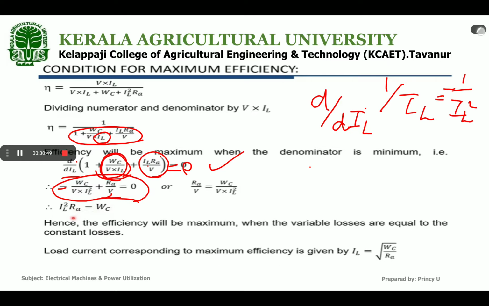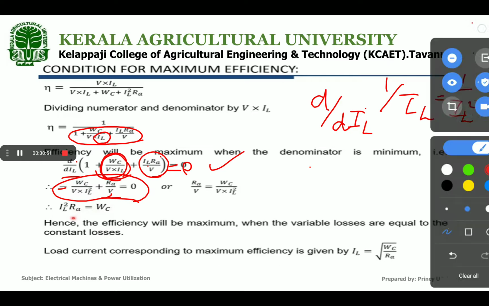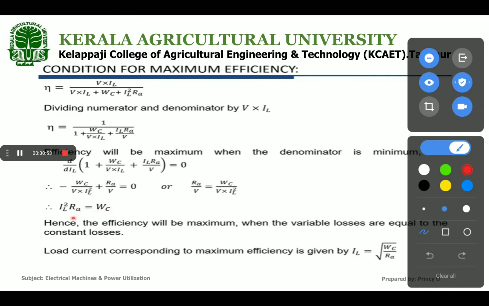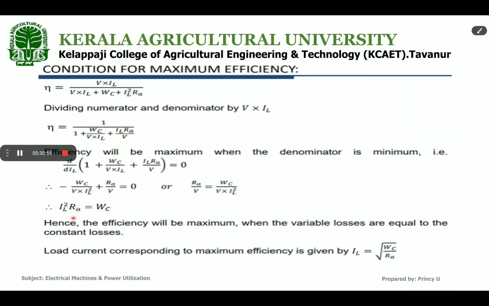Now take this term to the right side. So RA by V is equal to WC by V IL square. Here V and V get cancelled. So IL square RA is equal to WC. This is the condition for maximum efficiency.